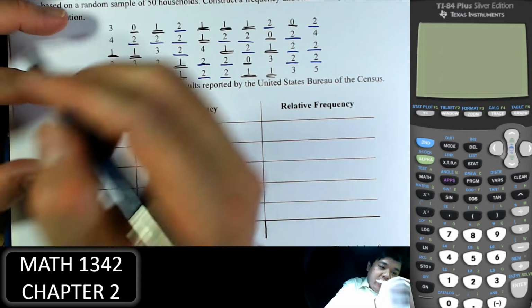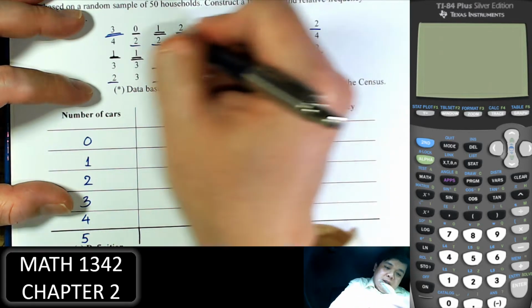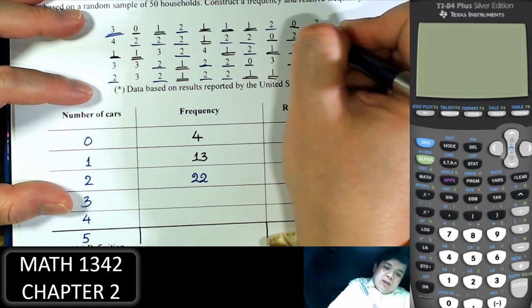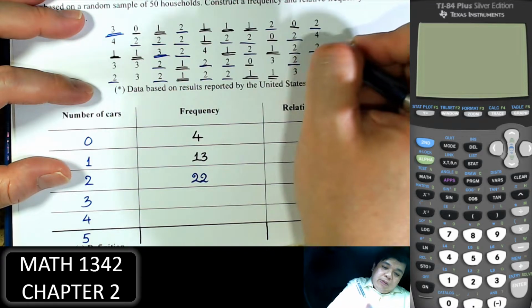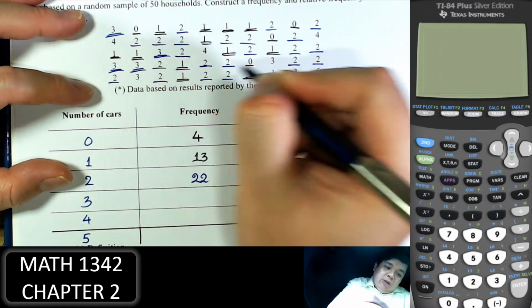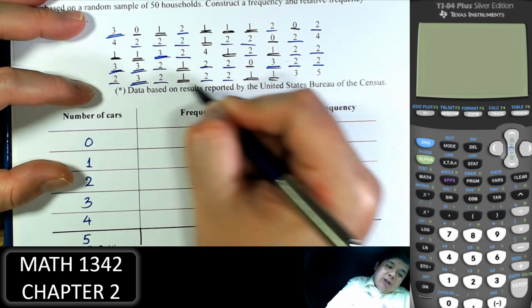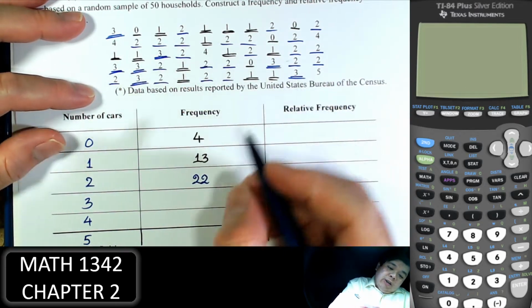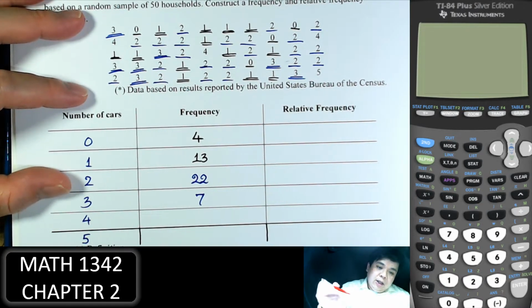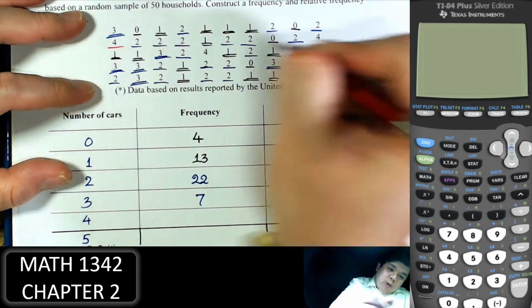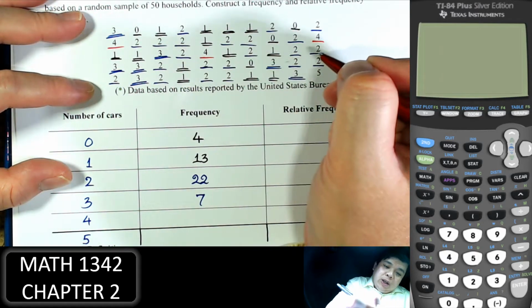How many 3s? 1, 2, 3, 4, 5, 6, 7. And then 4 and 5. 4: 1, 2, 3.